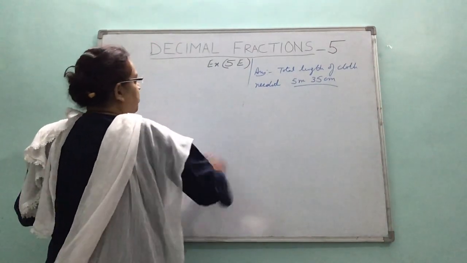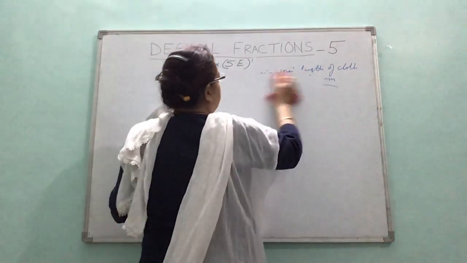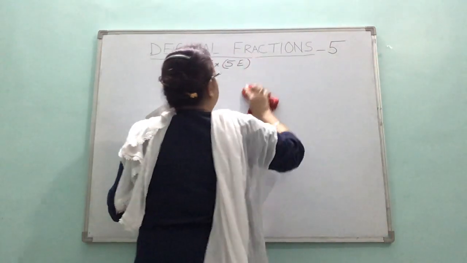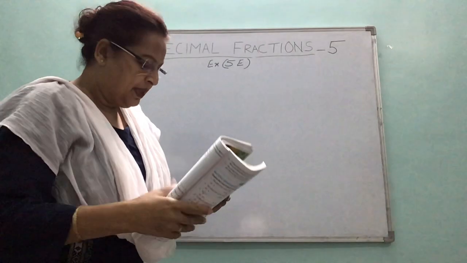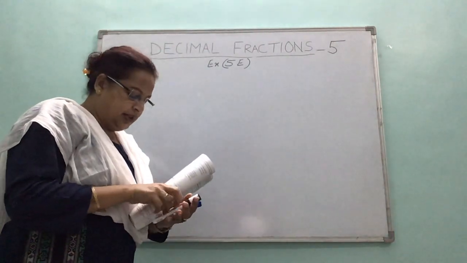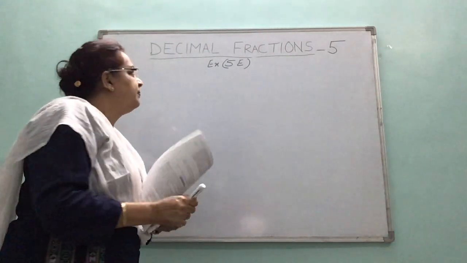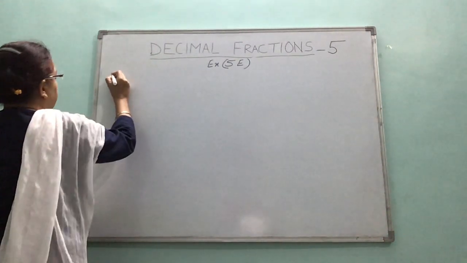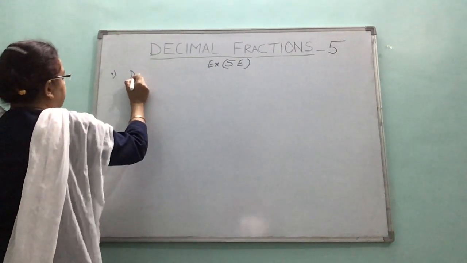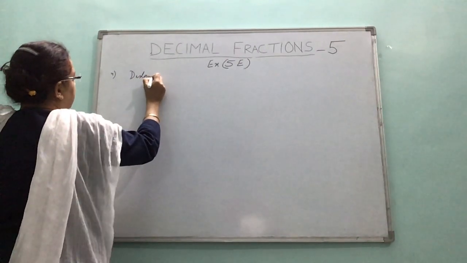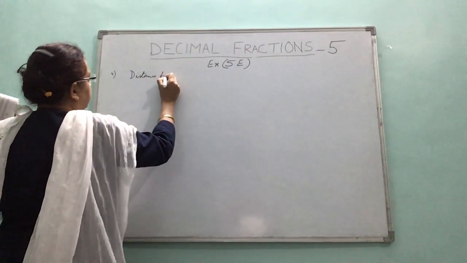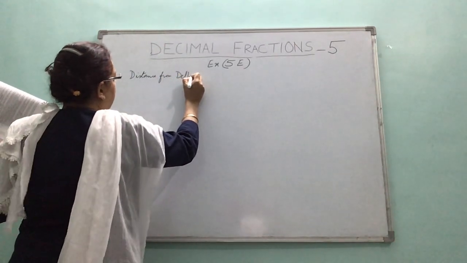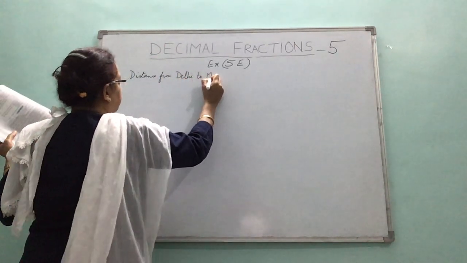Only thing now, you have to remember the unit conversion from meter to kilometer. So quickly revise that. Let's do this question. First part, question number 4. Simple statement. Distance from Delhi to Meerut.